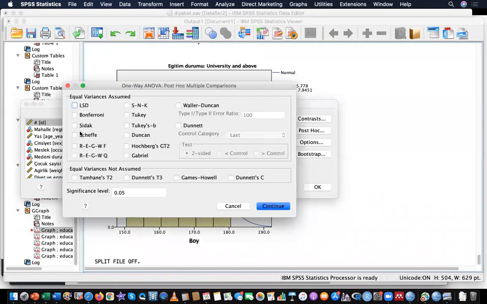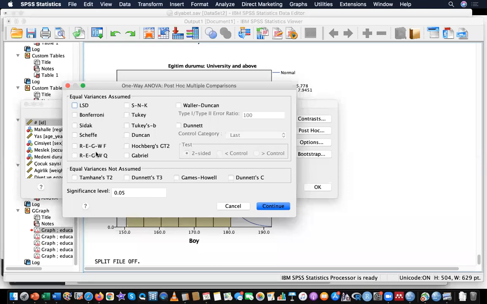As you see, there is an option here, post-hoc comparisons. Under the post-hoc comparisons, we have many options: LSD, Bonferroni, Sidak, Scheffe, for those with equal variances assumed and equal variances not assumed. Of course, to do the ANOVA, you need equal variances assumed. This is one of the assumptions.